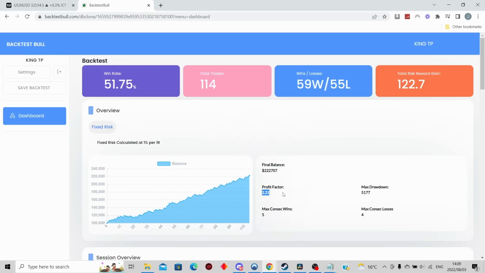Profit factor is 2. Now, when you want to become a funded trader in general, you should look for strategies with a profit factor of 2 or above. That's a sufficient edge. However, this is not financial advice.